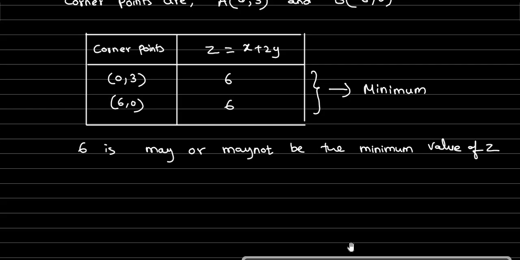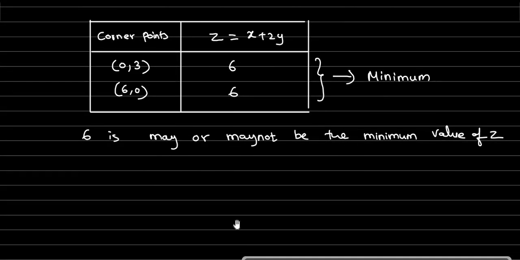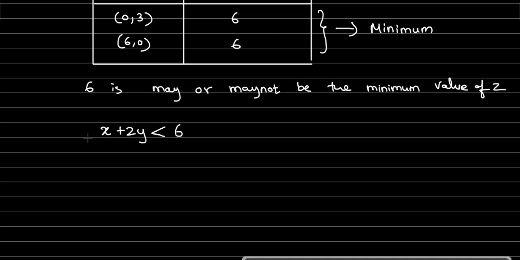So what we have to do, with the given inequality, is frame a new inequality. What is the given z? x plus 2y. Since it's a minimum, we take less than the minimum value 6. Now we have to draw the graph of this, to identify the solution in the graph. That is, let x plus 2y equal to 6.